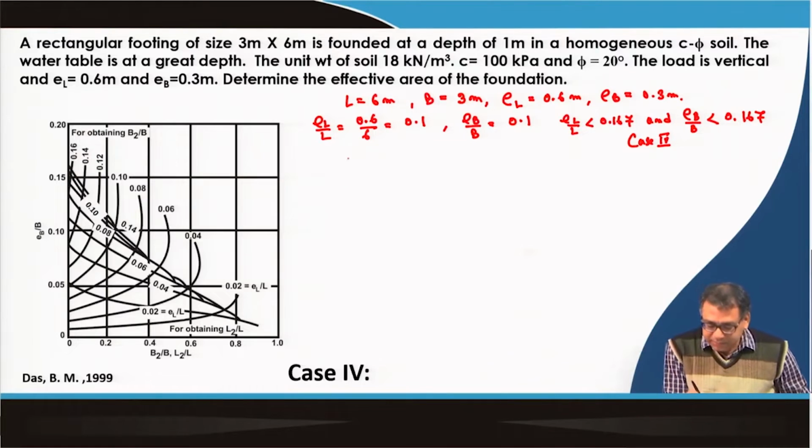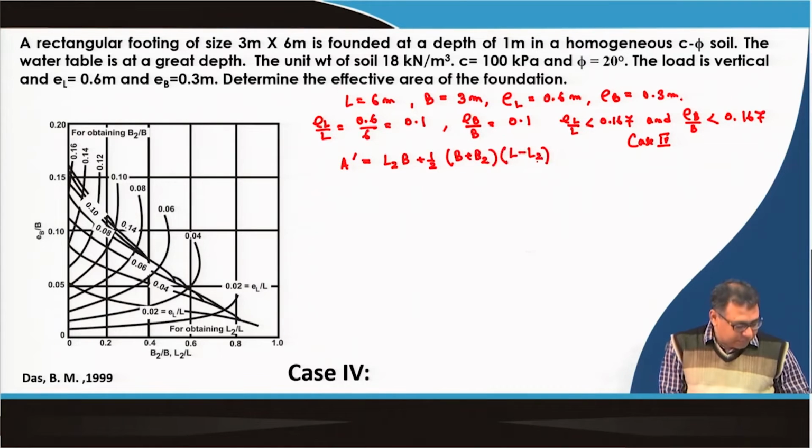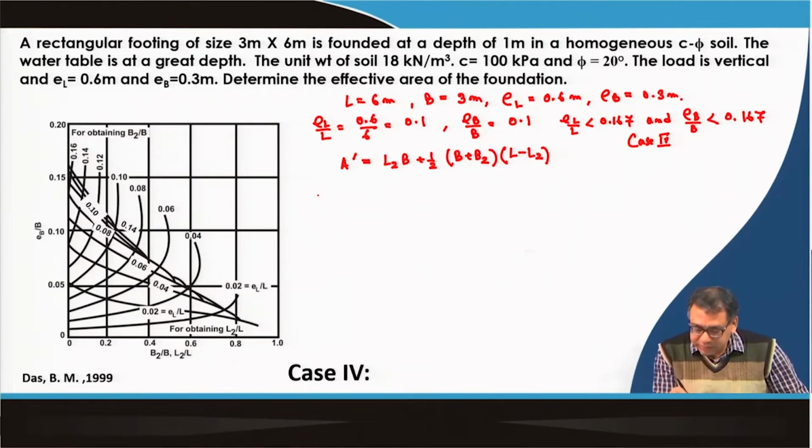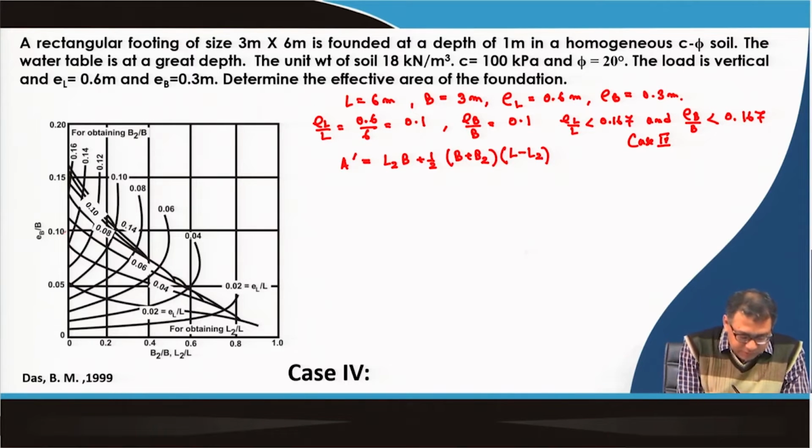Now, case 4, the effective area is given by L2 by 2 into B plus half into B plus B2 into L minus L2. Okay. Now, for B2 by B, here EB by B is 0.1, and EL by L is also 0.1. So, that means this is 0.1.